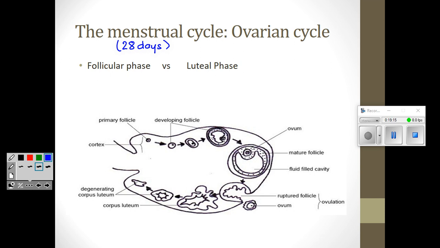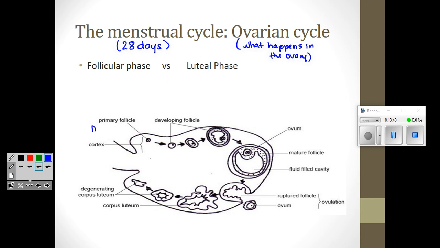When we consider every 28 days of a female's life from puberty until she reaches menopause, we could consider the ovarian cycle. In other words, what happens in the ovary. And that's what this first picture is trying to show you. If we were to look at an ovary over time, we might see the progression of images that you see here.